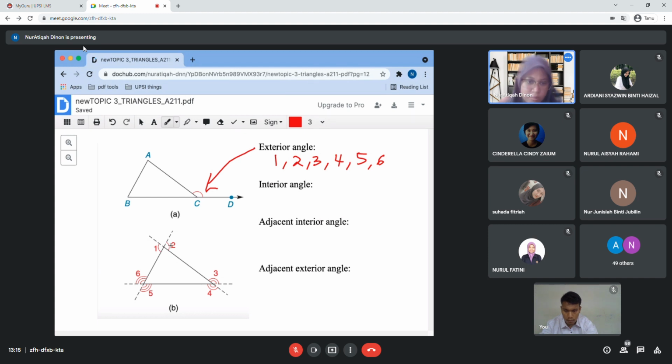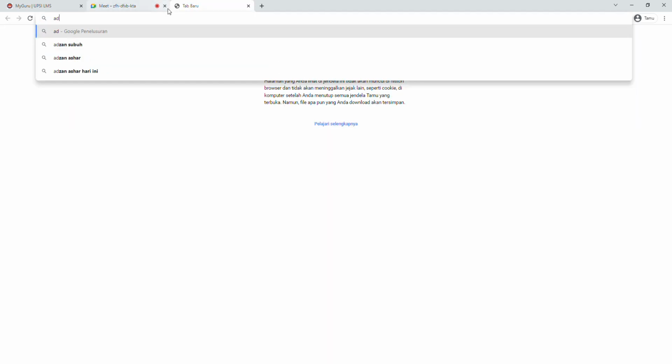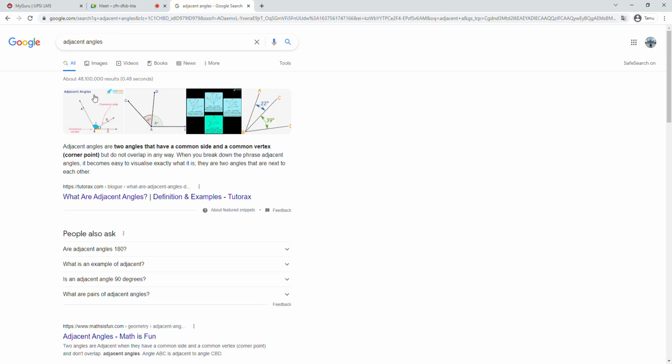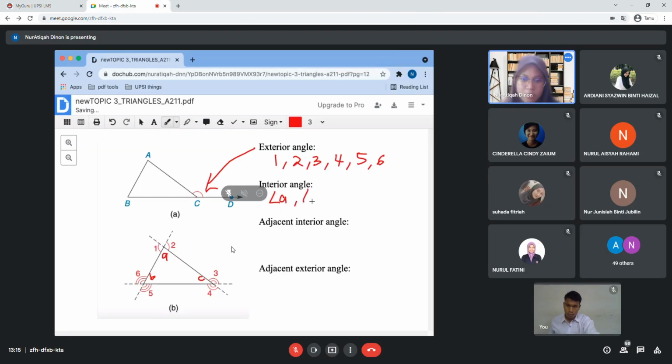Let me denote them as A, B, and C. So the interior angles will be A, B, and C. We have identified the exterior angles and the interior angles: 6 exterior angles and 3 interior angles. And you can see this line, which denotes that the measures of the angles are the same, their degrees are equal.